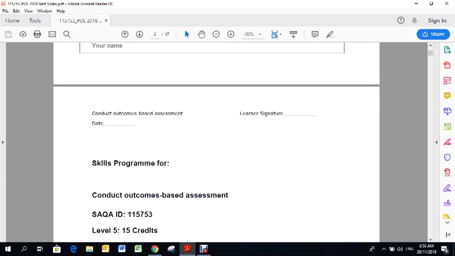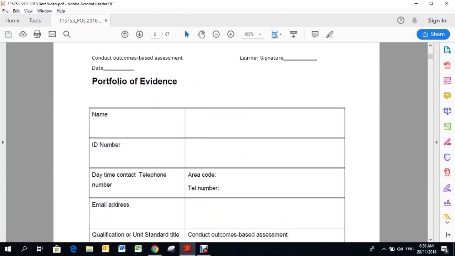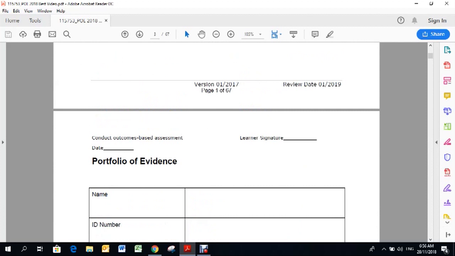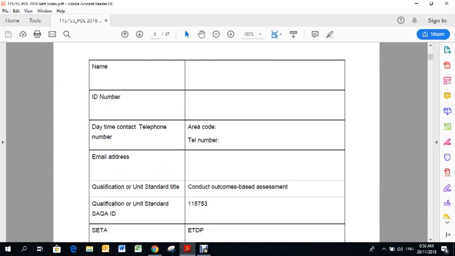Now we go to the third page, which in the page numbers is the second page. You come here and write your full names as they appear on your ID, your ID number, and your daytime contact number. We're talking about your landline number or office number, you write them there.